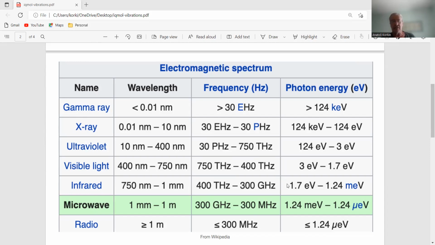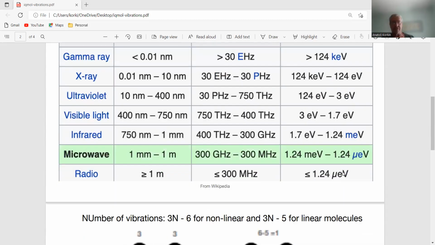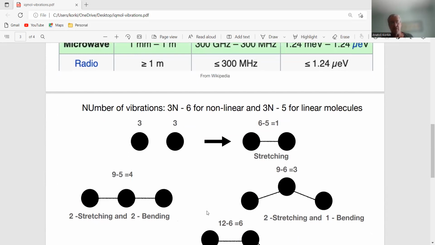And energetically, it's between 170 and 1.24 milli-electron volts, which corresponds roughly to a range between 40 kilocalories and 30 calories per mole.